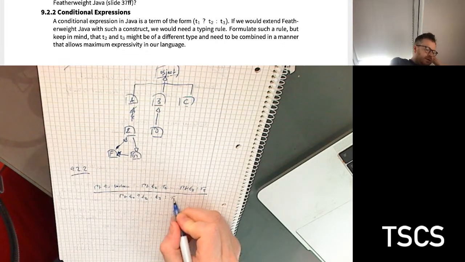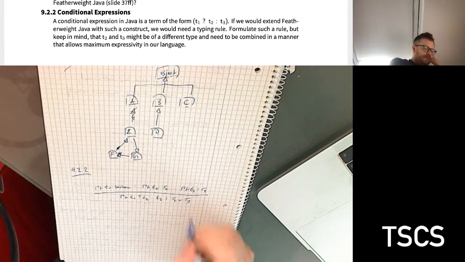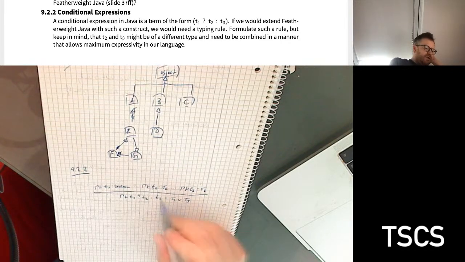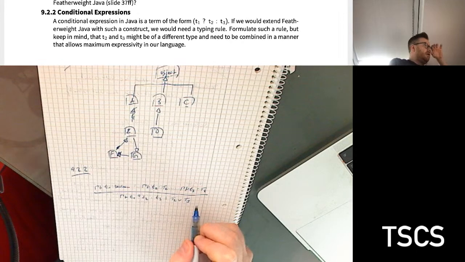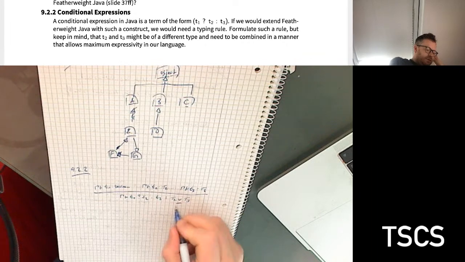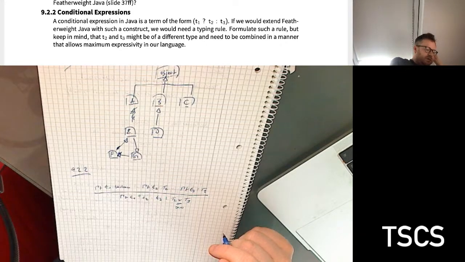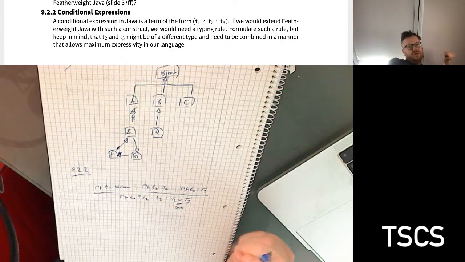Well, it's of course the join, as we need to join these types together to find the least common supertype for these two things, and then we have the type that comes out of the if. So beware, there is a join here, and then we are safe. Now we can type this expression.